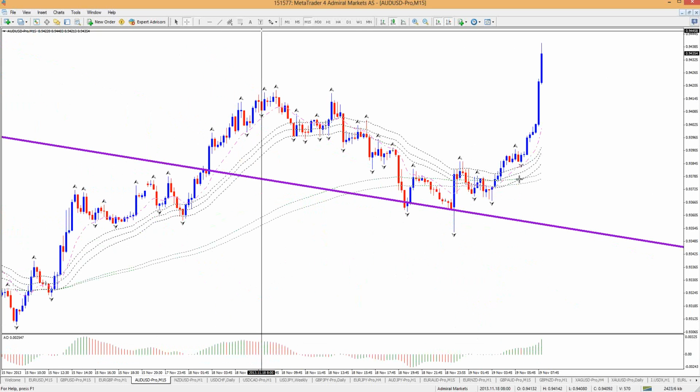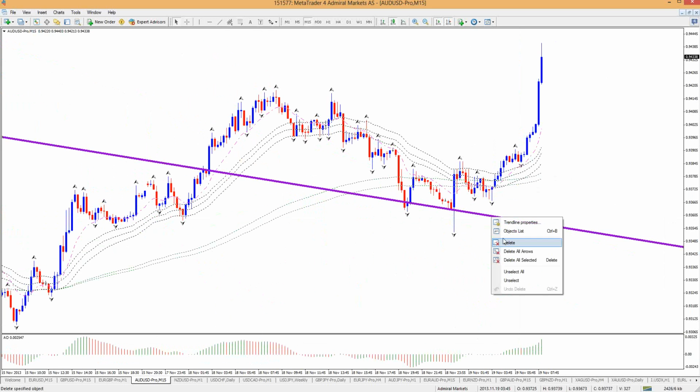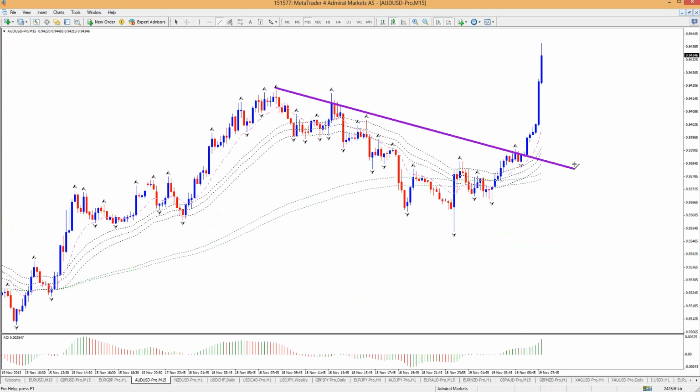Well, the Aussie is really flying up. Now it's a bit too late to take the breakout trade. There was a good one here on this trend line, right in here.